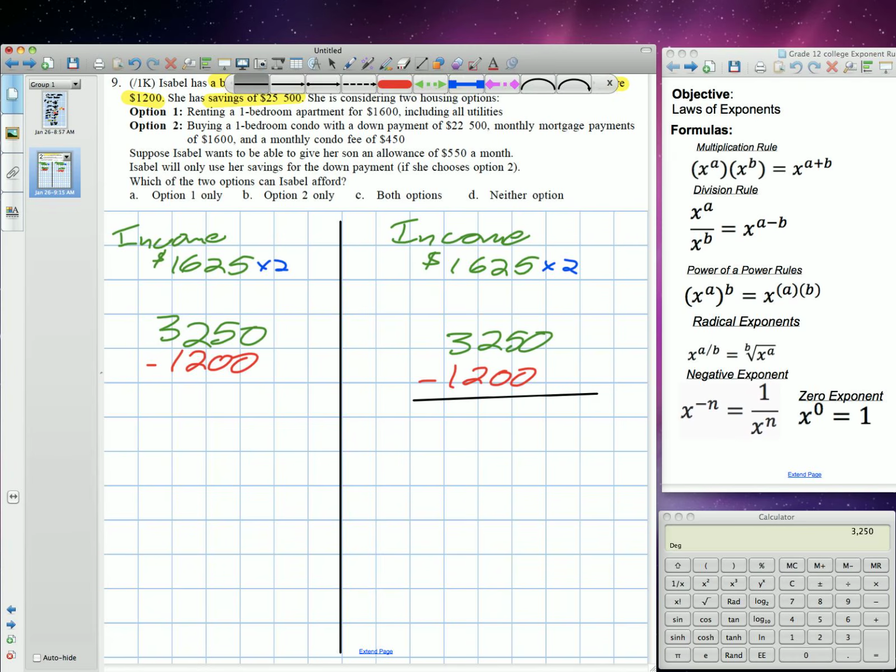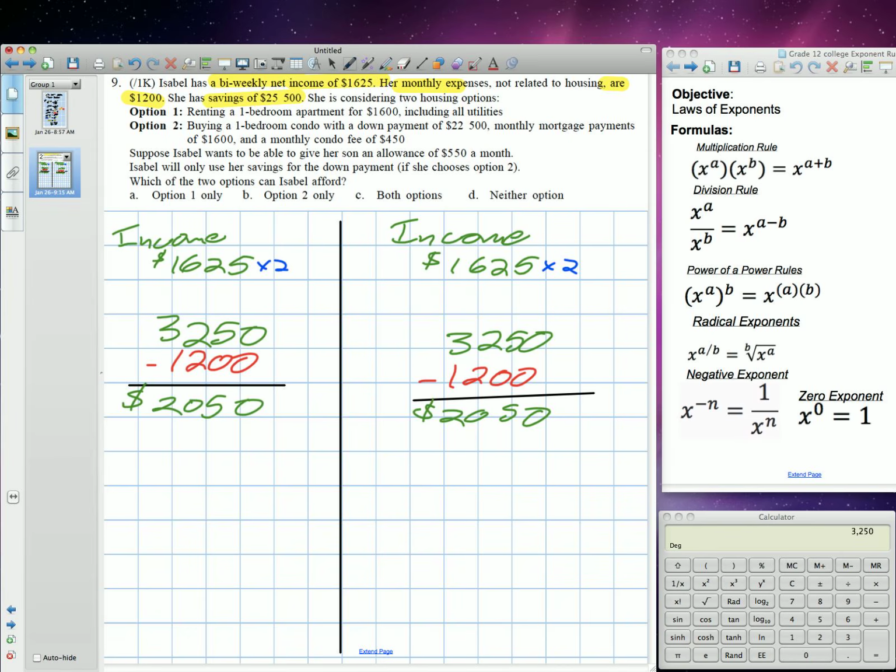So she gets paid that much twice a month. Now when we subtract, this will be how much profit or money she has left over. We have $2,050. Okay? So every month, besides her other expenses, she has $2,050 to work with.